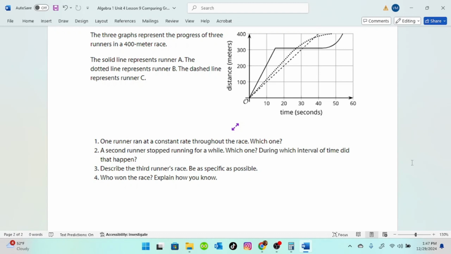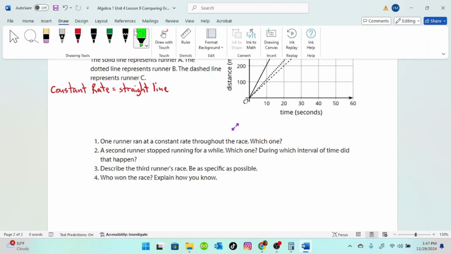Number 1. One runner ran at a constant rate throughout the race. Which one? What you need to understand is that a constant rate is going to be a straight line. Constant rate equals straight line.